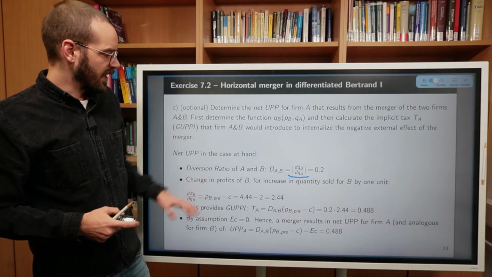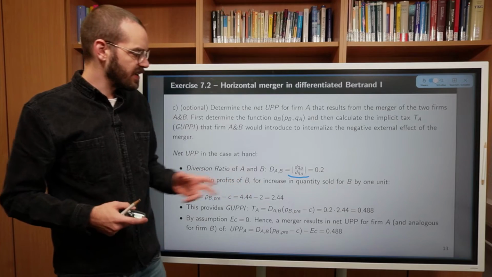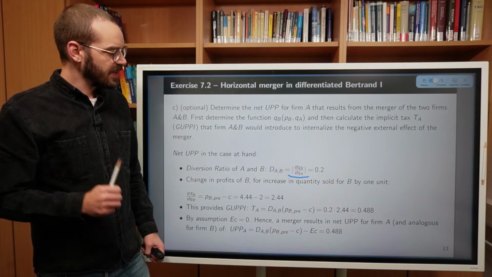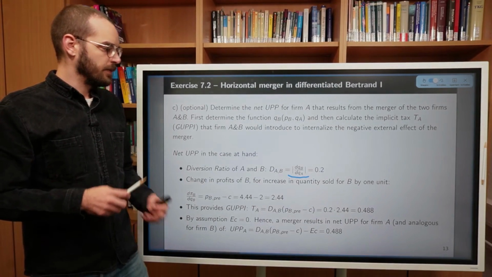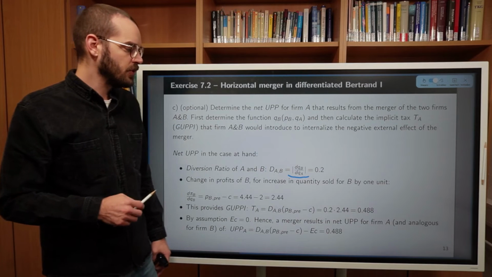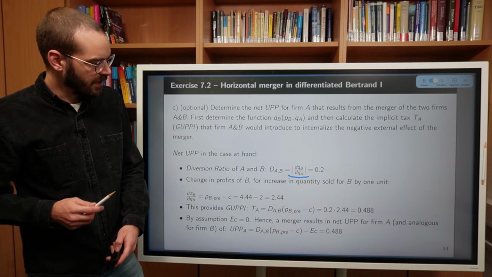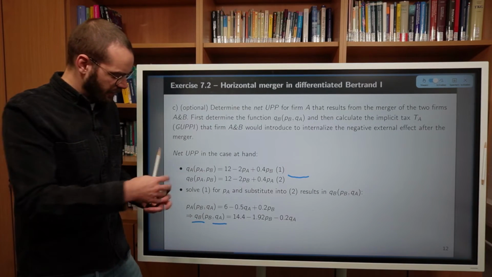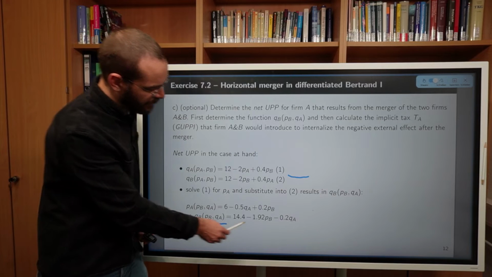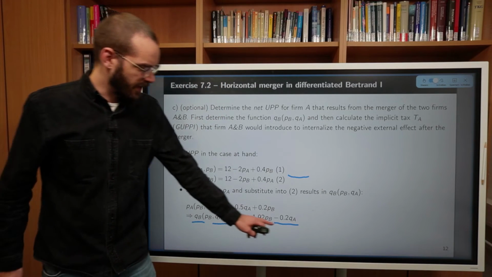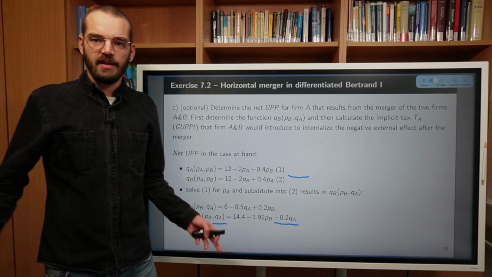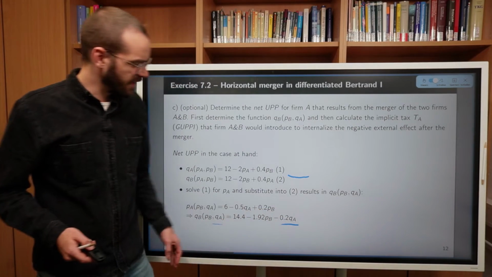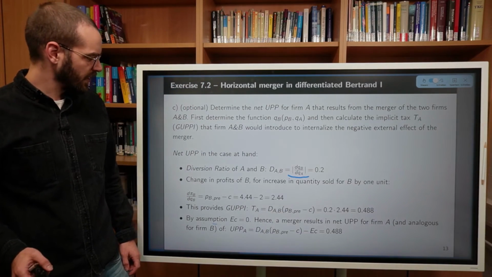So we need to calculate the diversion ratio, which we will abbreviate with this notation D_AB, which is calculated as the derivative of QB with respect to QA. In this case, if we have a look at the function we just stated, the derivative of QB with respect to QA is simply the parameter standing in front of the QA, so minus 0.2. That's our diversion ratio.